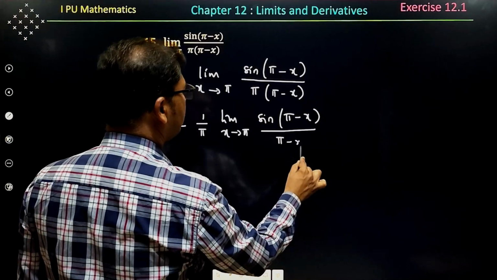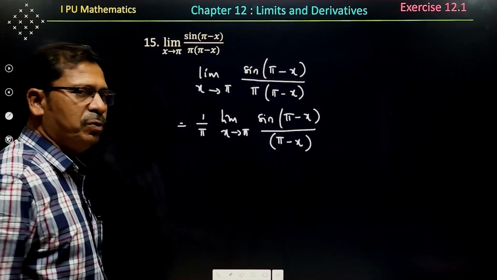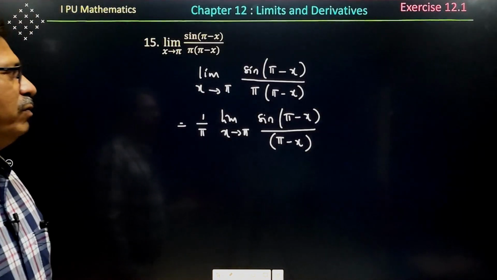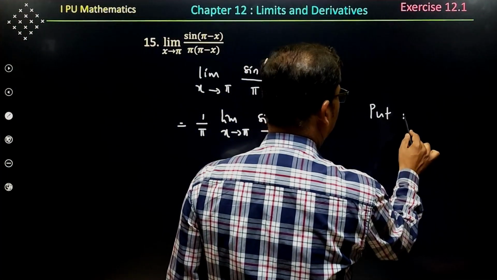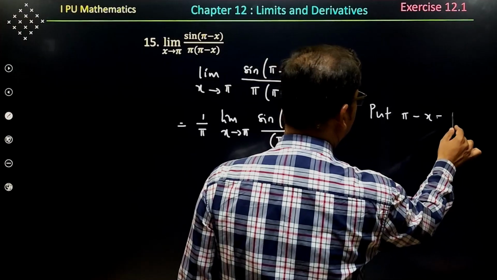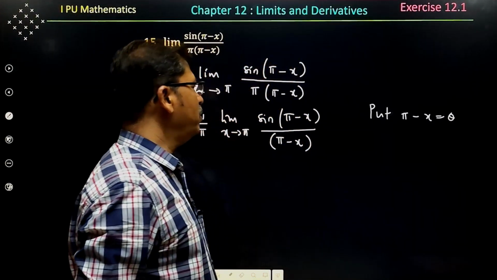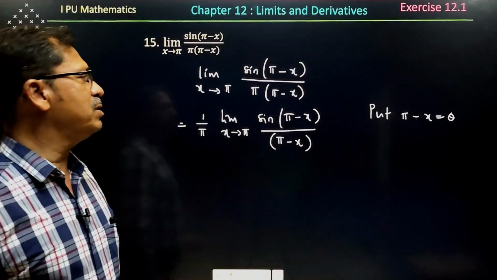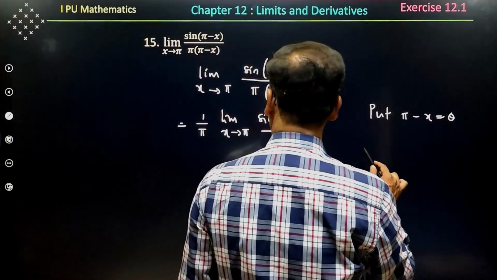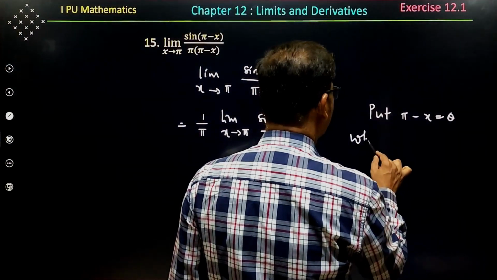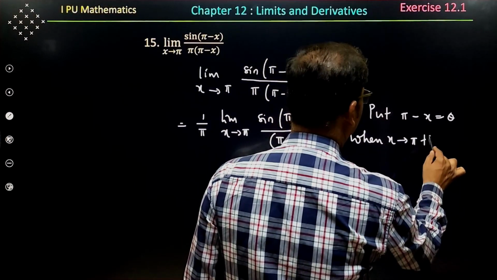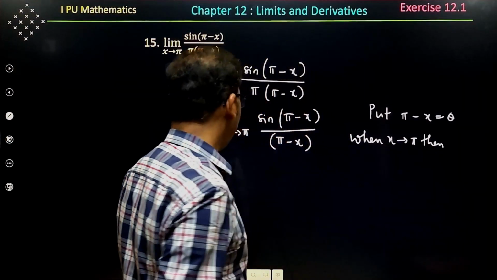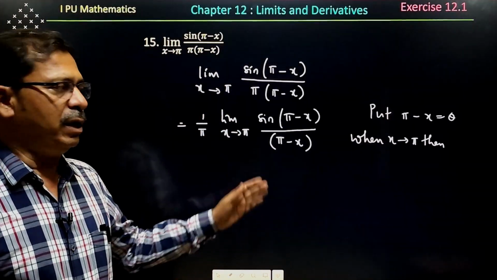See, a little bit of substitution you need to make here. You put pi minus x is equal to theta. So when you substitute pi minus x is equal to theta, then the limit also changes. When x tends to pi, look here carefully, x is approaching pi.